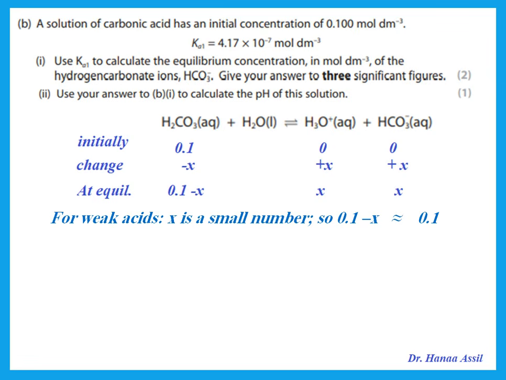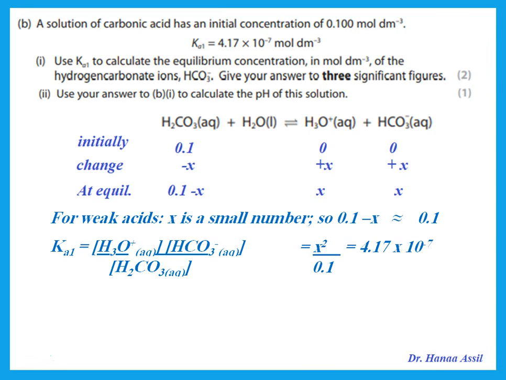Remember that for a weak acid, the value of X is actually very small. Only a very small part of carbonic acid will dissociate. So to simplify matters, we regard the 0.1 minus X as approximately 0.1, so that when we put these numbers into the expression for Ka, the carbonic acid will dissociate to give H3O plus, which is X, times HCO3 minus, which is another X, so that's X squared, over the carbonic acid, which we said is approximately 0.1.